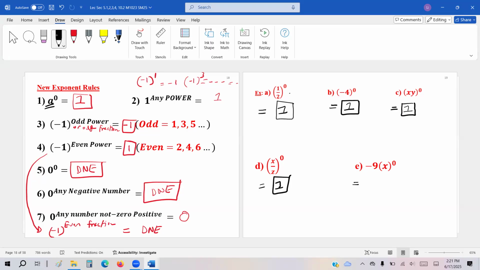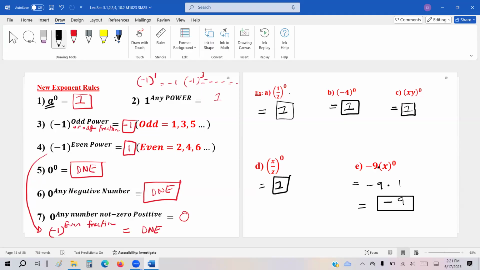One is -9 and one is x to the 0. So between -9 and x to the 0, we have a multiplication sign. So before multiplication, we have to apply the power. So -9 times, what is x to the 0? 1. And what is -9 times 1? -9.